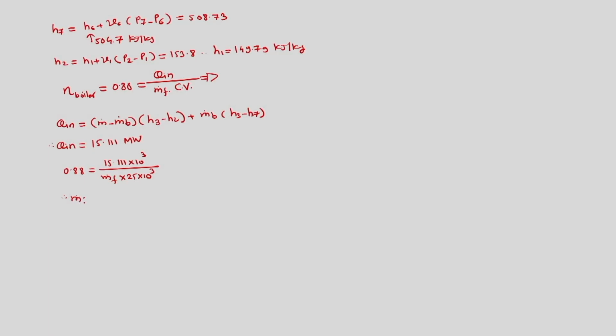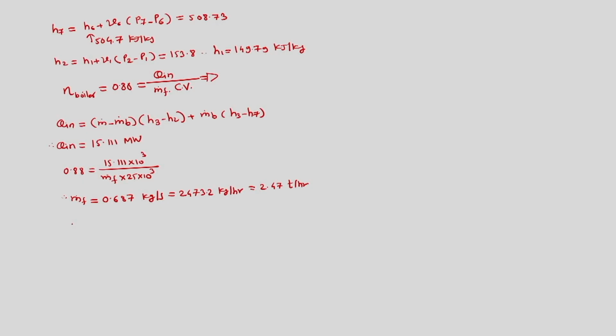So we get m dot f, the mass of the fuel, equal to 0.687 kg per second, which is equal to 2473.2 kg per hour, and which is also equal to 2.47 tons per hour.